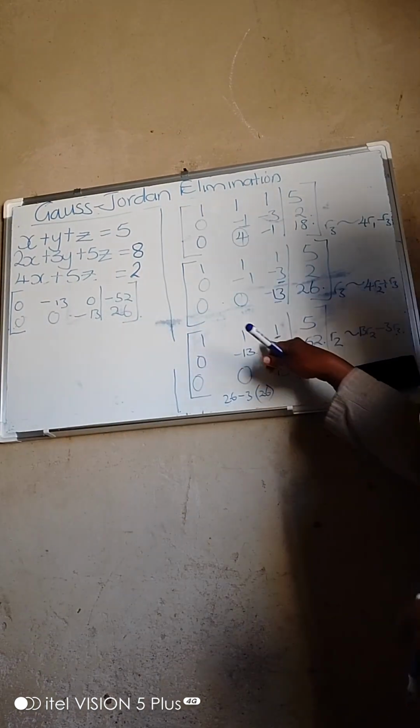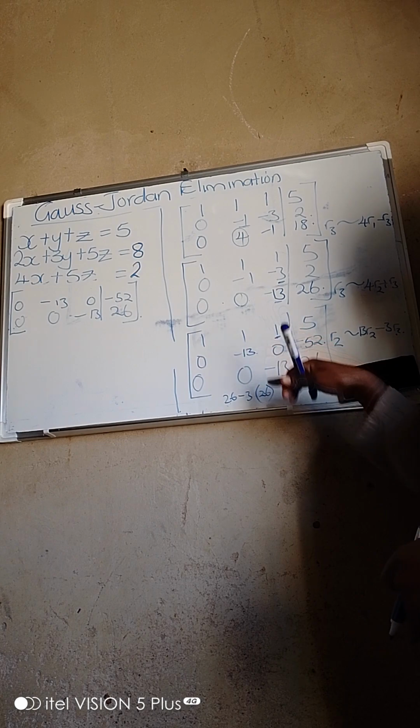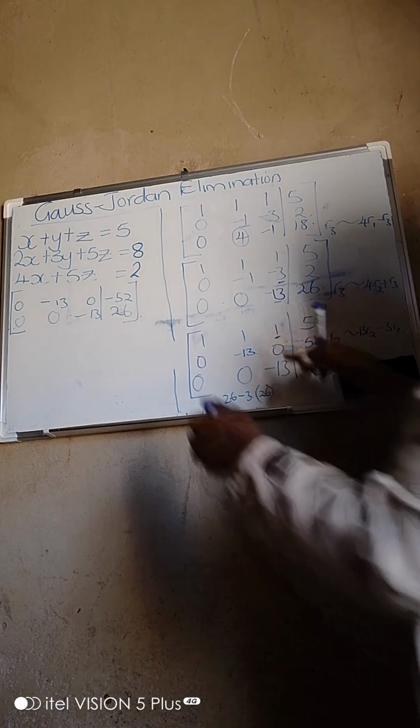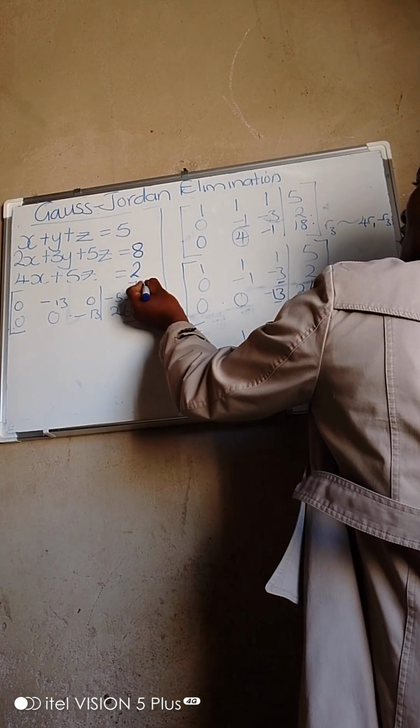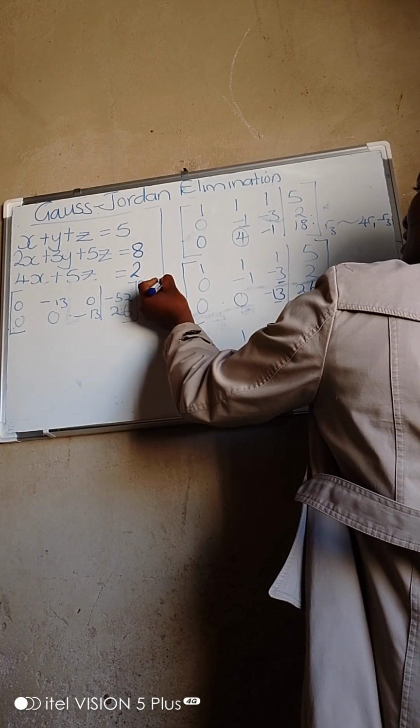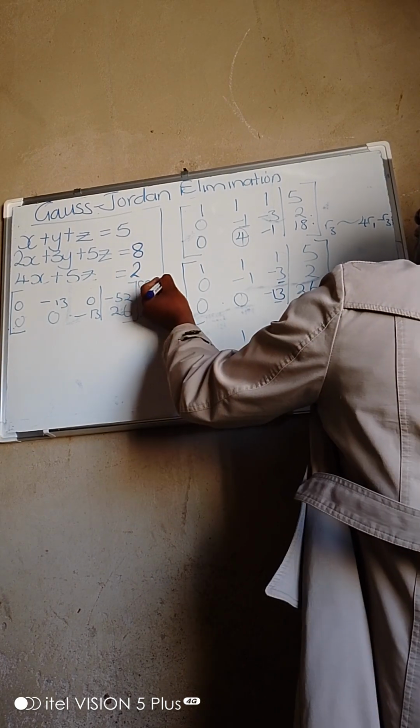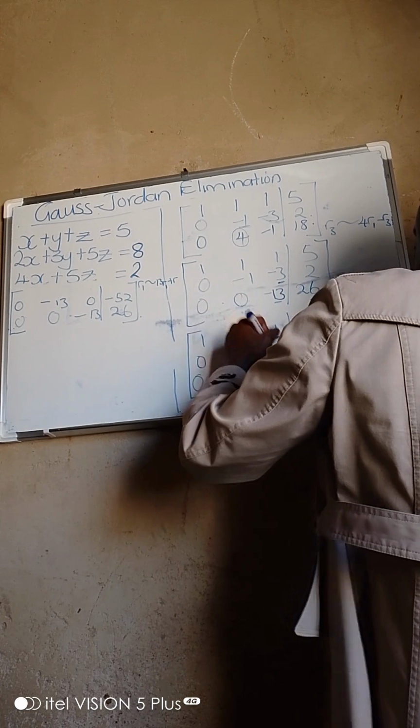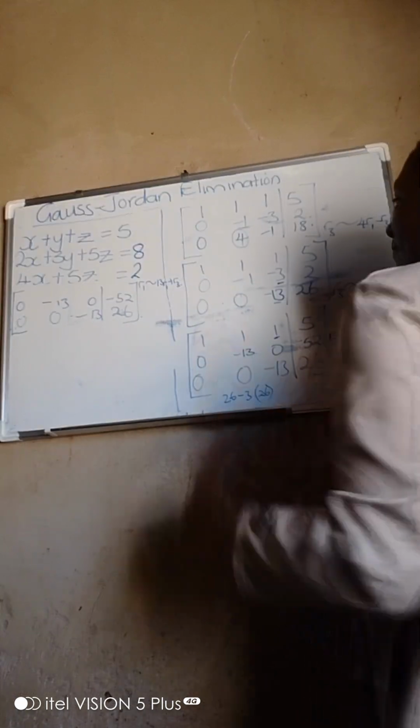Right. For this to be a 0, we are going to multiply this by 13. So row 1 follows 13 row 1 plus row 3.